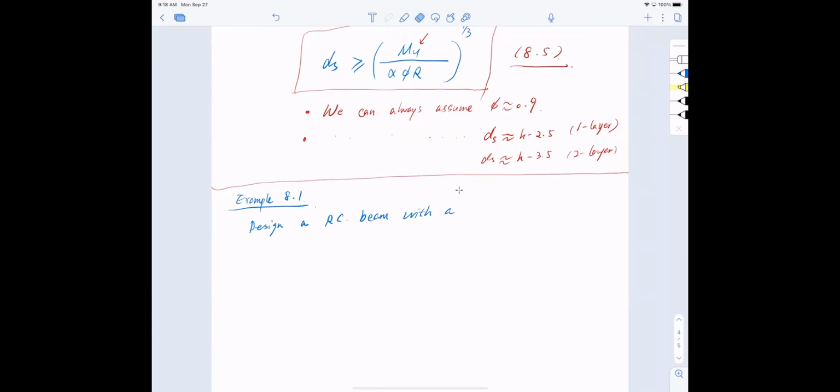Let me make a very simple assumption: simply supported, and I give you the applied moment Mu, that is 153 kip-foot, and a span of 28 feet, with a concrete compressive strength of 4 ksi and grade 60.